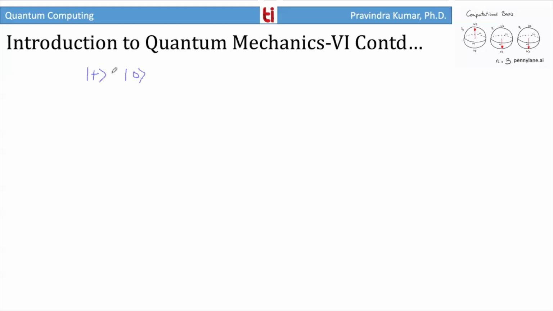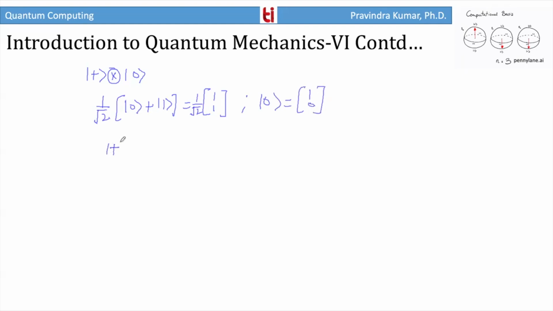If I want to find out the tensor product of these two, here |+⟩ is represented as 1/√2 (|0⟩ + |1⟩), or I can write it as 1/√2 [1 1]. And you know |0⟩ is represented in matrix form as [1 0]. So now the tensor product of |+⟩ and |0⟩ will be 1/√2 [1 1] ⊗ [1 0].